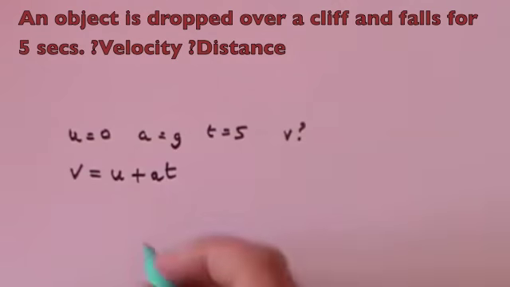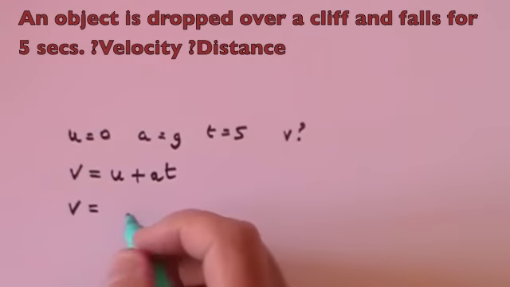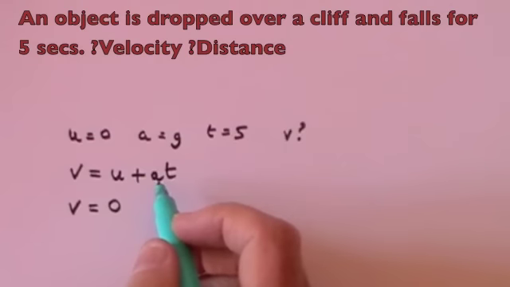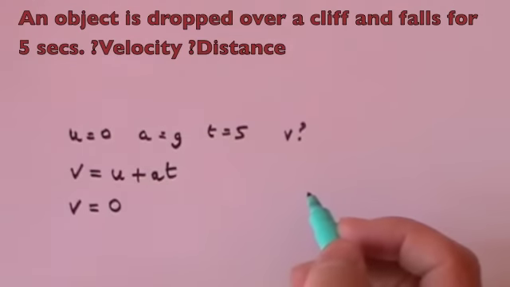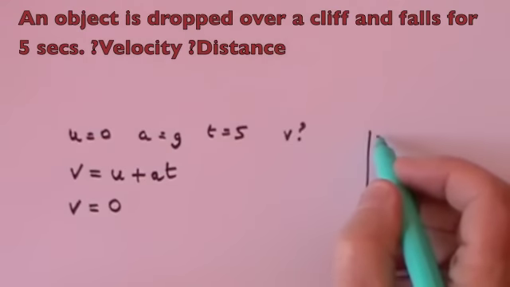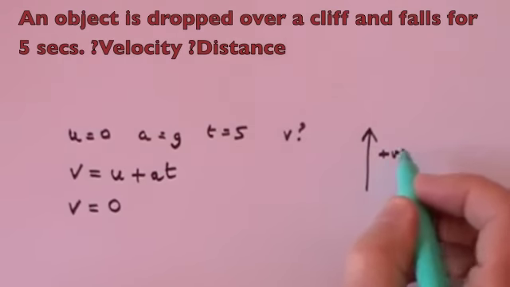So the formula we're going to use is v = u + at. v is what we're trying to find, u is 0, and then gravity is 9.81, but in all these things we have to decide on the positive direction, and I'm going to take upwards as being positive.